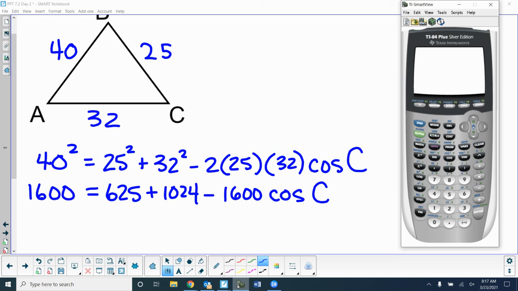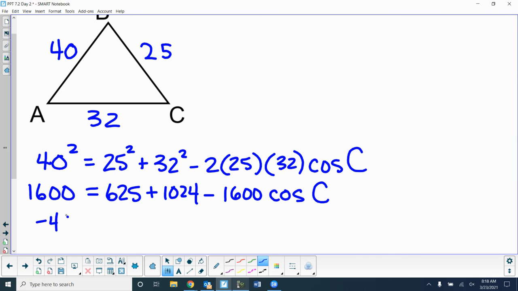Okay, so when I do it in my calculator, I do the 25 squared plus the 32 squared first. And then I do the 40 squared minus that answer I just got. So that's how you get a negative 49 on the left, and this negative 1600 times the cosine of C on the right.